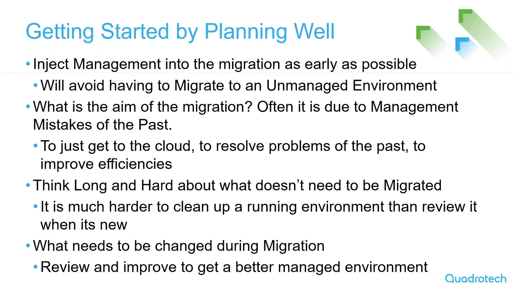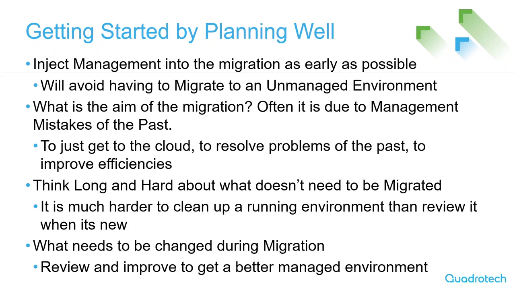One of the things is to ask yourself, what is the aim of the migration? Often it's very much due to management mistakes of the past. There are a lot of migrations that our company is getting involved in where there's no technical reason necessarily to do the migration, but the group structure is horrible. All the people are in the wrong groups. The configuration and the permissions are so messy that we're never going to be able to clean it up.